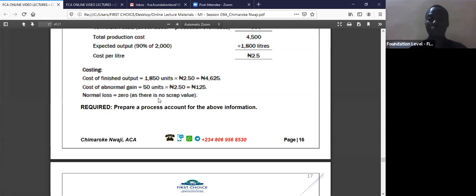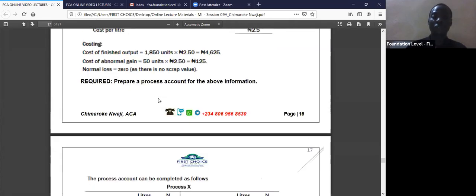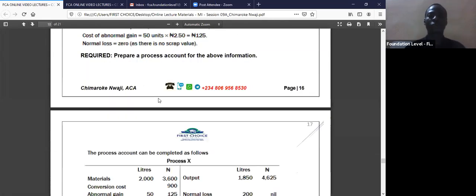Then the normal loss is going to be 0 because there is no scrap value. You had no normal loss, because your abnormal gain has taken over. Here, 0 because there is no scrap value. You may have a figure, you may have units, but there is no scrap value.